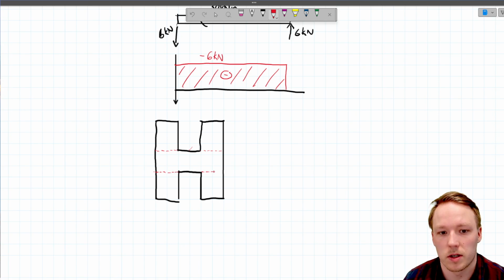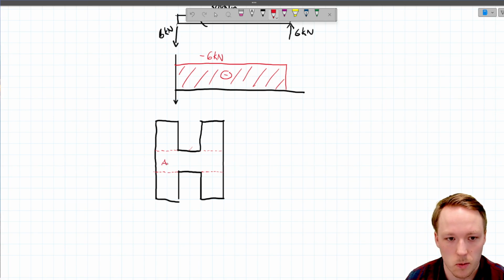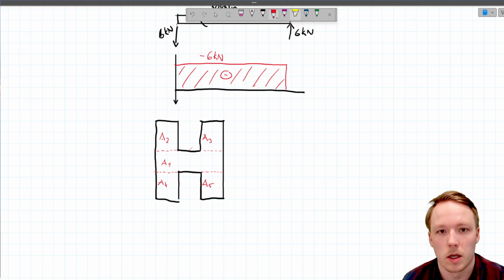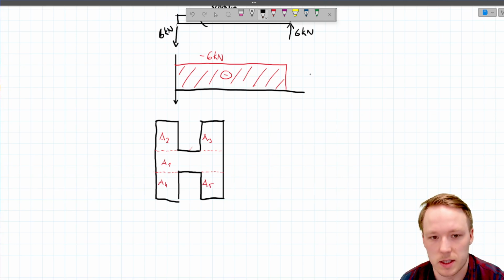I'm going to divide this into 5 different sections. This is area 1, area 2, area 3, area 4, and area 5. So how do we calculate the second moment of inertia?